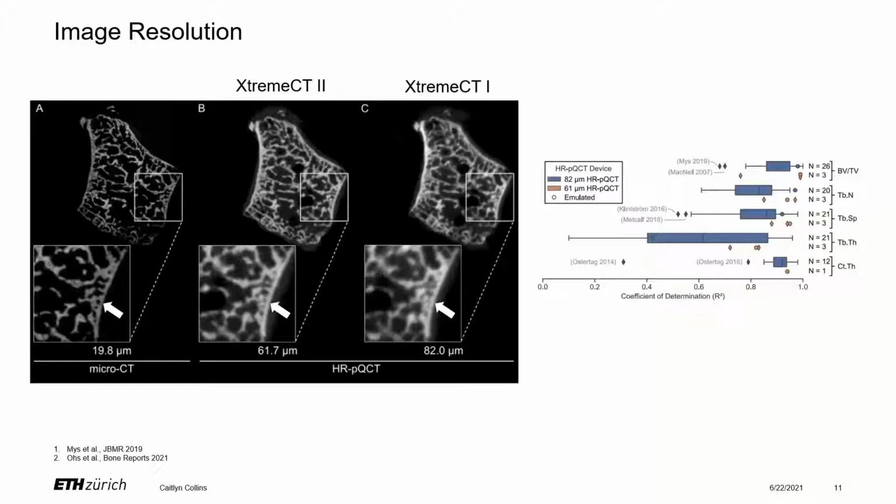Here, BV/TV in both 82 and 61 micrometer HR-pQCT were very consistent. However, when we look at trabecular thickness, particularly for the 82 micron, the range in reported values varies widely. Essentially, when assessing the literature, we should be careful in how we interpret these values depending on the image resolution.